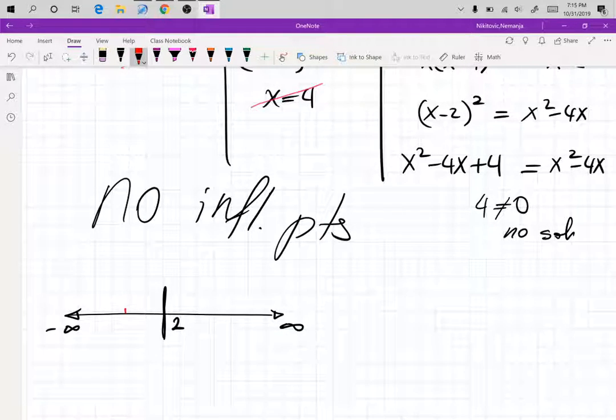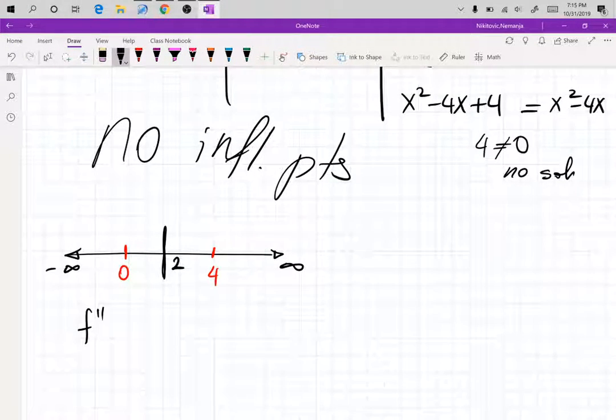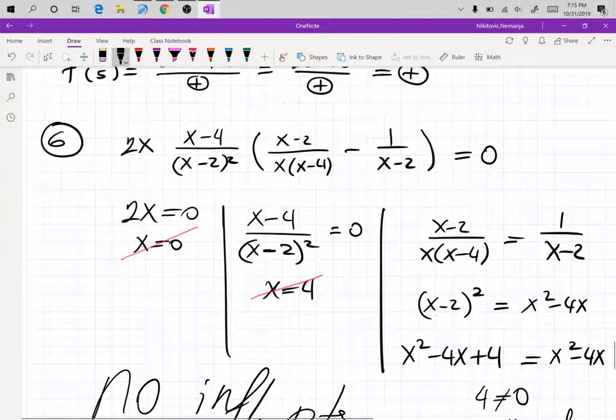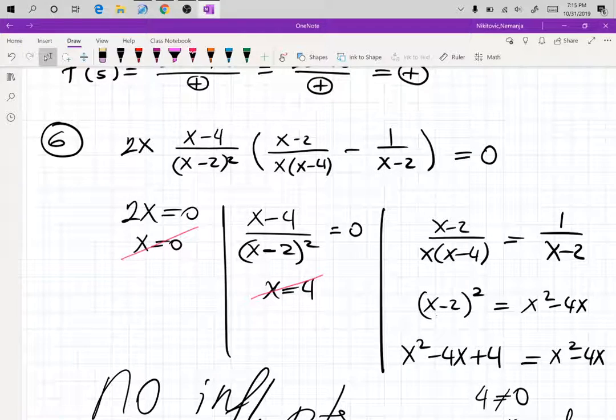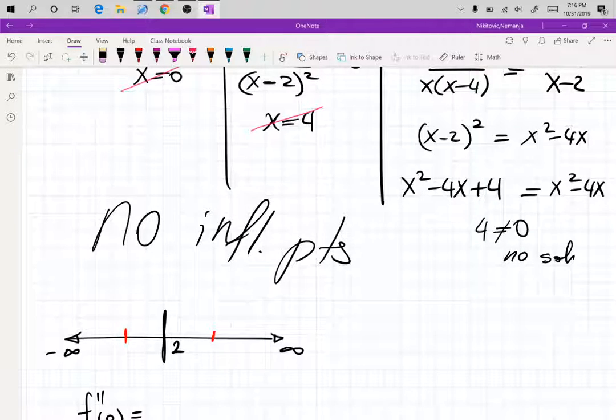Pick 0 and 4 and run your second derivative test, which is this whole mess here. Oh yeah, we have to keep away from 0 and 4. So 1 and 3.